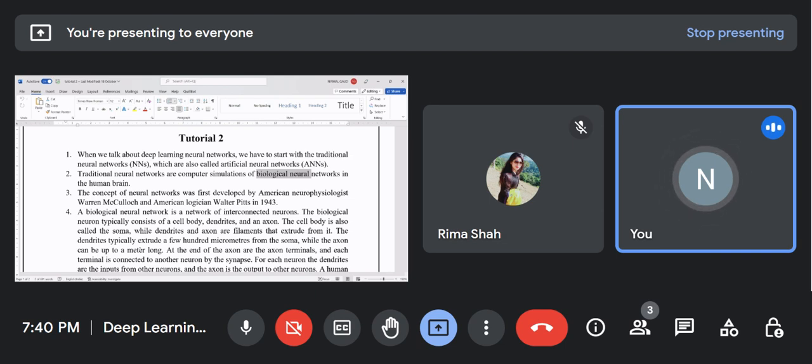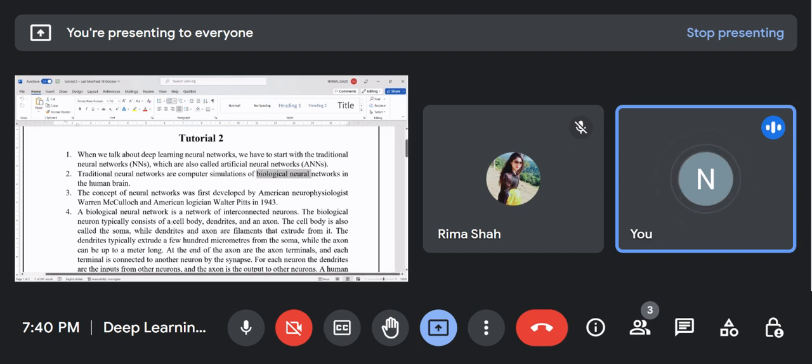Biological neurons: as we are living persons, we are a biological product. So the concept of ANN is based upon the working and architecture of neurons in a human brain.